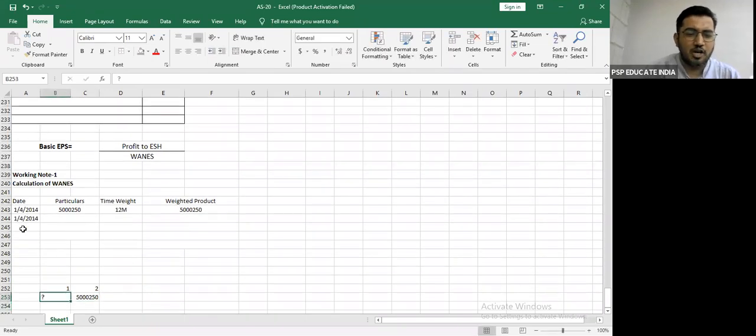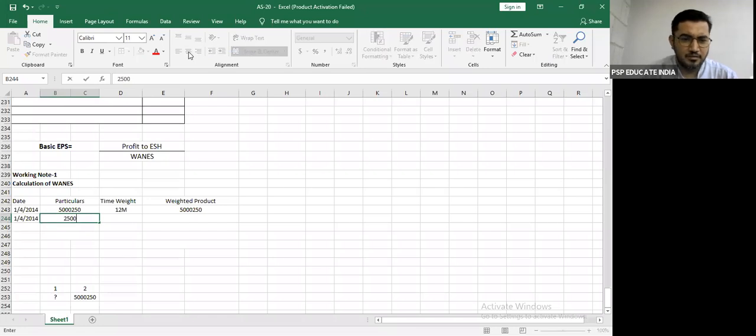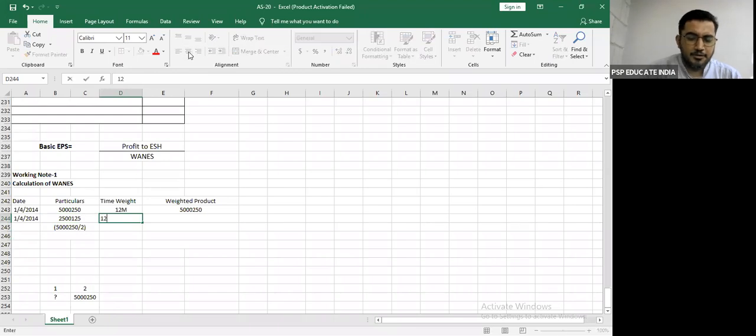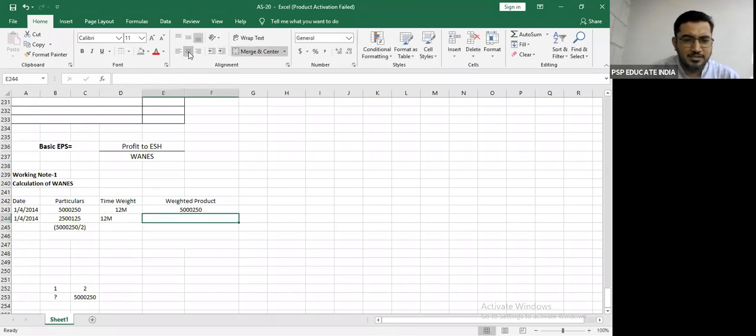On your chat box, how much? Quickly on the chat box, how much will you have over here? You get 2,50,125. How do you get that? 5,00,250 divided by 2. Your time weight will be 12 months. So 2,50,125.